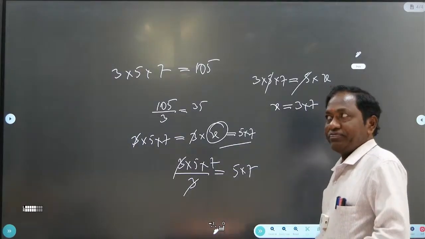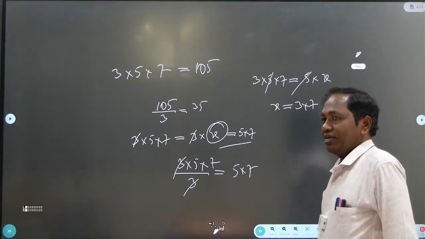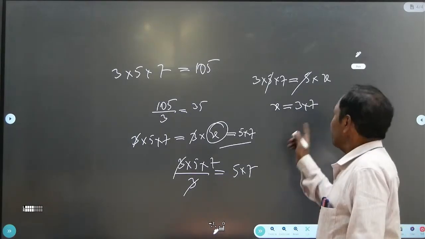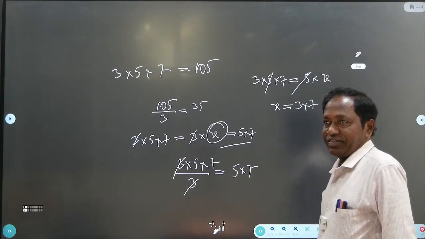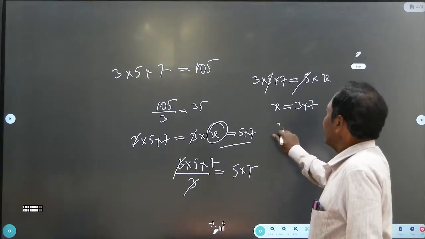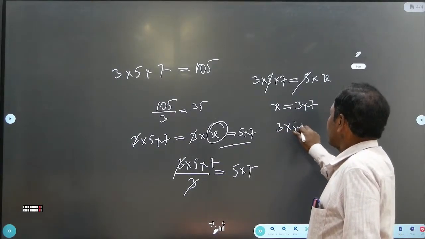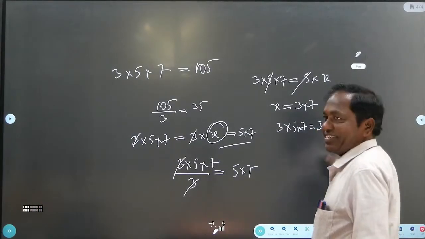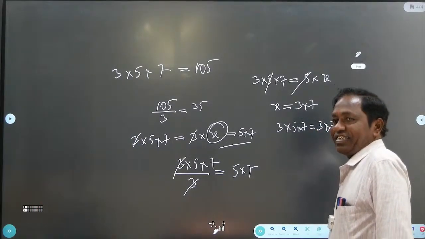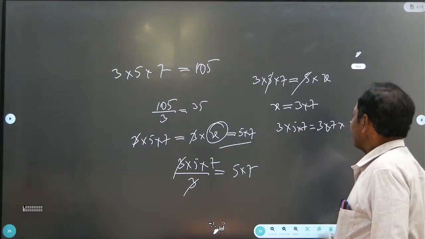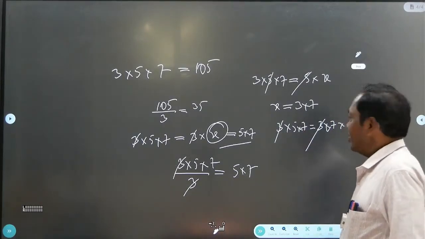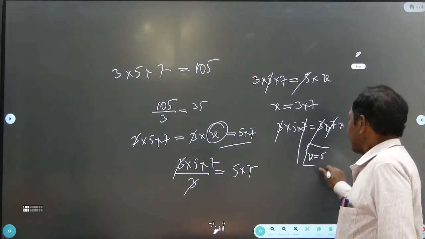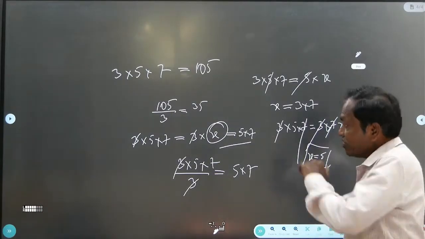Sometimes we may not multiply the numbers so easily unless we have a calculator, so we can put it like this, as a product of numbers. Even if you take 3 into 5 into 7 equals 3 into 7 into x, 3 gets cancelled and 7 and 7 get cancelled. The x value is 5.